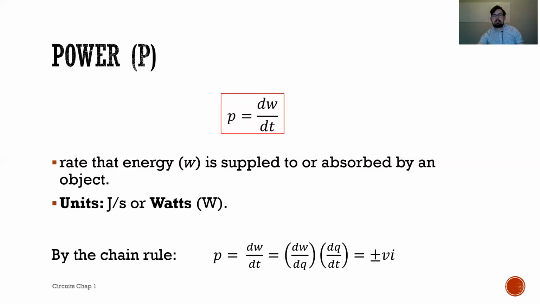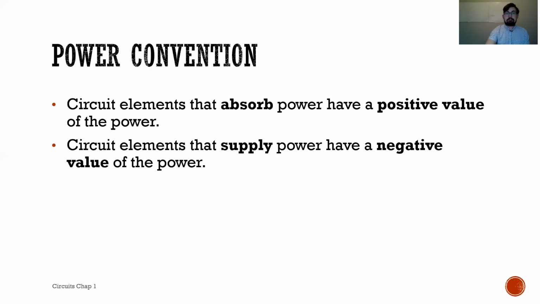And you'll notice that there is a plus or minus here. What does that plus or minus represent? Let's get into that. The plus or minus is going to be the basis of the rest of this lecture. Positive power for circuit elements is going to be absorption. Negative is supplying. I know, it's a little weird. You think it would be the other way around. I totally agree, but I didn't write these rules.